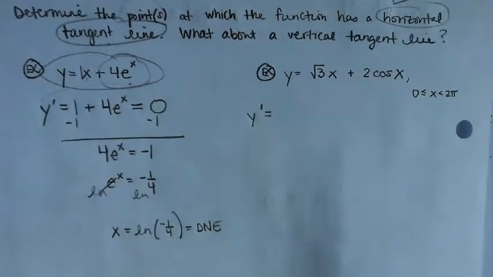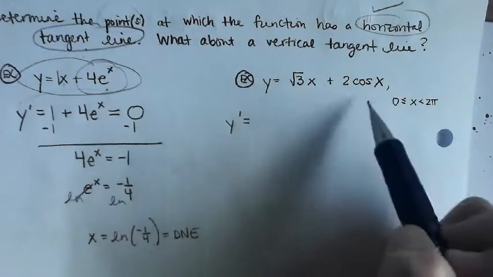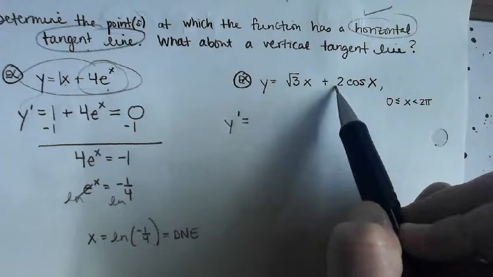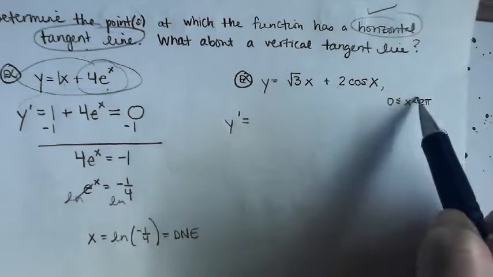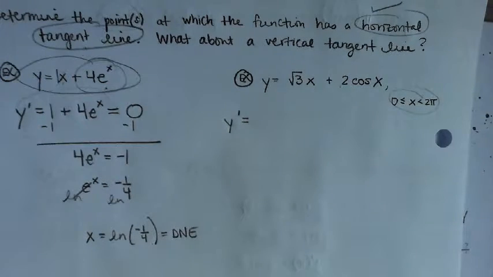Hopefully this one will give us an x coordinate that we can work with. This one, being a trig function, is a cyclical function, right? So there could be an infinite number of places that it has a horizontal tangent line. Are you with me there? So what you'll see with a lot of trigs is that it will say specifically on the interval, just looking at the graph between 0 and 2 pi.